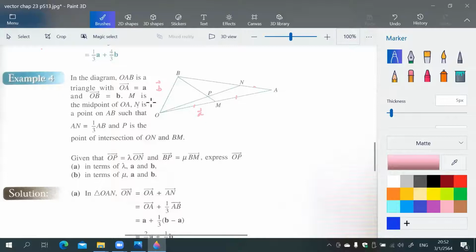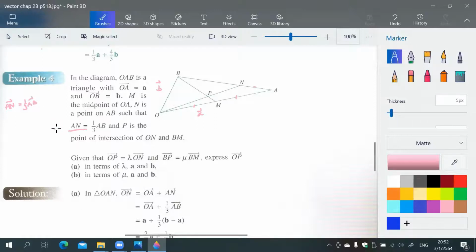Next, N is a point on AB such that AN equals 1 over 3 of AB. So again, from this message, we can apply that vector AN equals 1 over 3 AB.